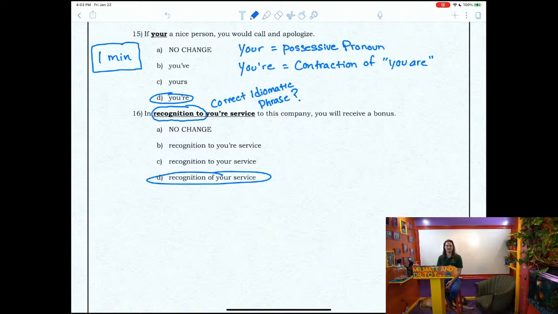This is a list of phrases that you really just have to memorize, unfortunately. But you can Google a list of idiomatic phrases to see which are using what preposition, because it is a little bit of a memorization tactic. So the answer to 16 was D. Both of them, actually. 15 and 16 were both D.